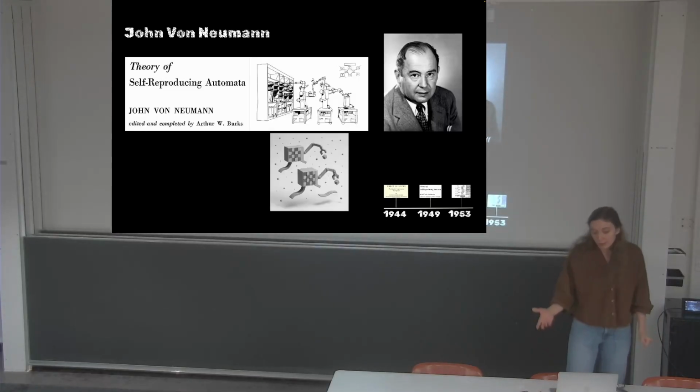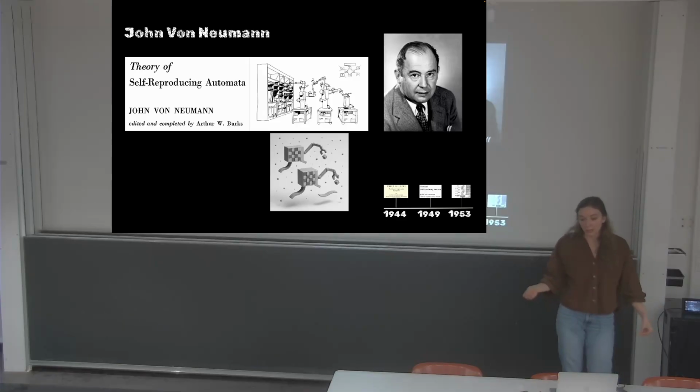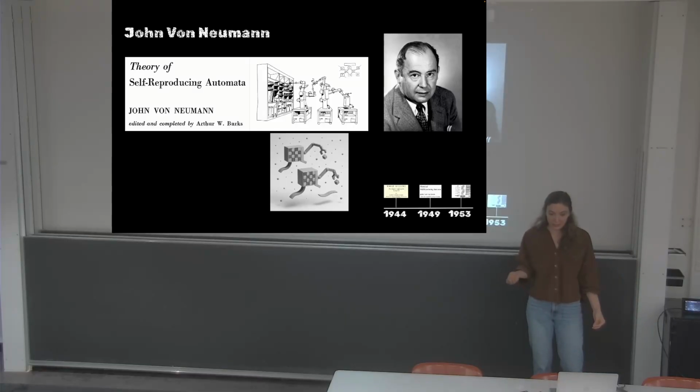Initially, the model which von Neumann considered to construct a self-replicating machine was the kinematic model. Within this model, he already illustrated the core of his ideas. But there were a lot of technical details.